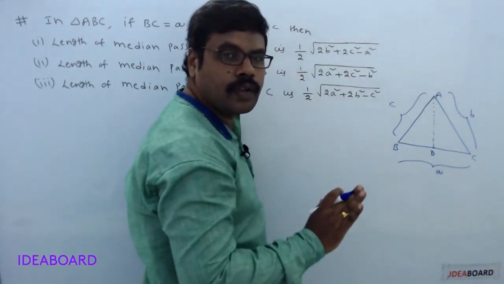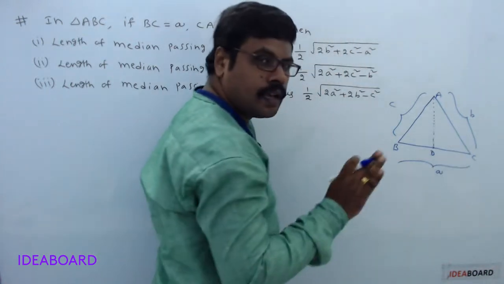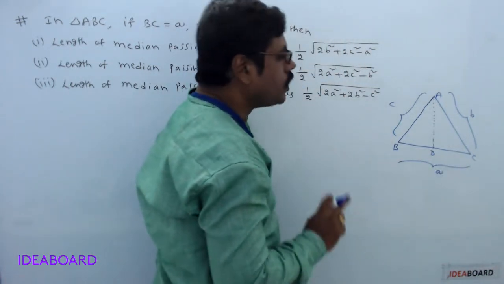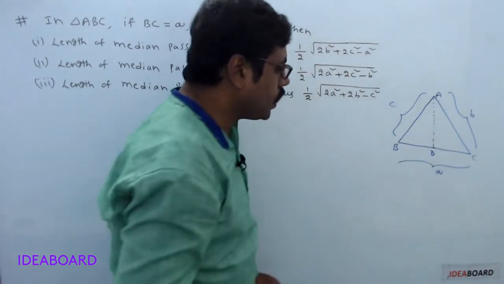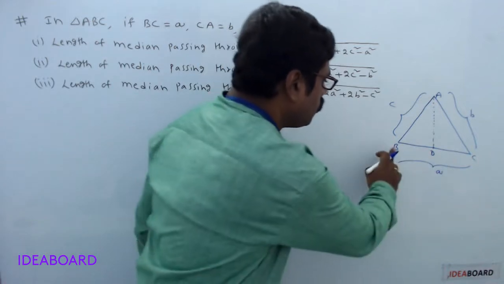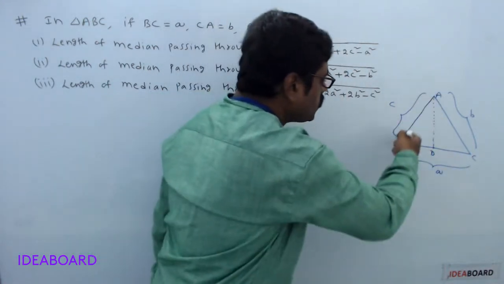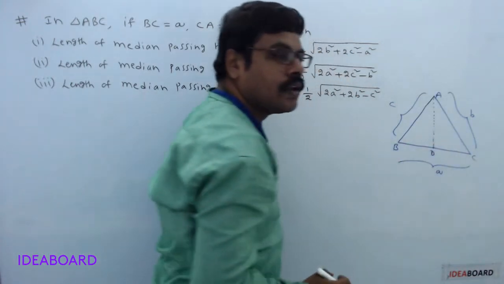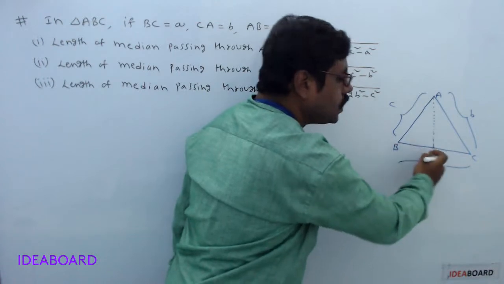So from Apollonius theorem, AB square plus AC square can be taken as 2 into (AD square plus BD square). What is the statement of Apollonius theorem? If D is the midpoint of the side BC, then AB square plus AC square equals 2 into (AD square plus BD square).